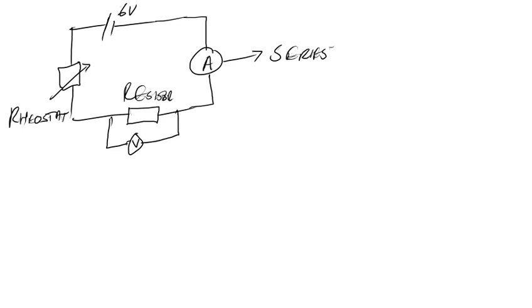You cannot measure the voltage through the resistor, but you can only measure a current through that resistor. If you want to measure the voltage, you measure it across the resistor. So this is a series circuit, and that's how you do the first one.